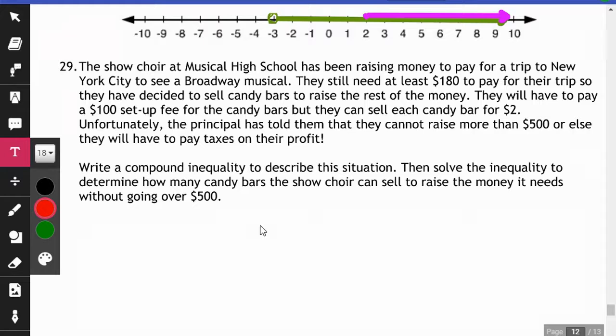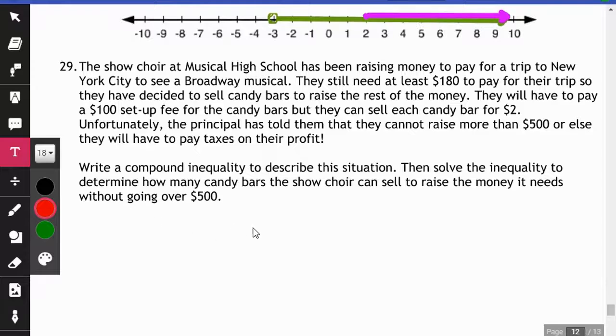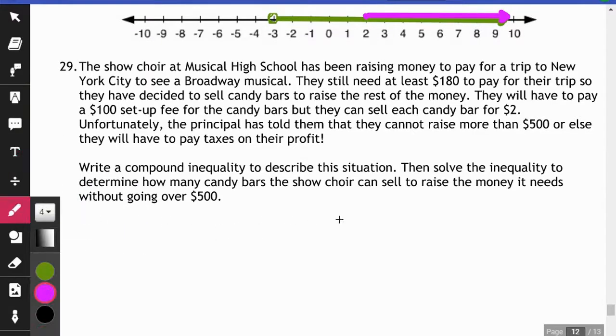Write a compound inequality to describe the situation. Okay. So what is going on? Well, we know that the amount they raise, x, has to be less than 500. We know that for sure.